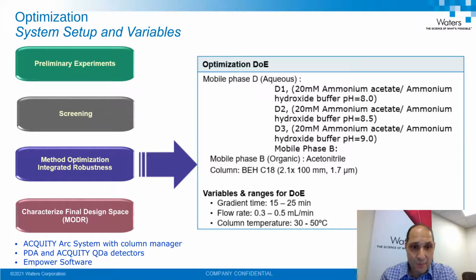So the next step was optimization. The goal of optimization is to identify a method with optimum performance and robustness. In this optimization, we used the BEH C18 column, and we used various pH buffers. We varied the less important chromatographic parameters such as flow rate and oven temperature.